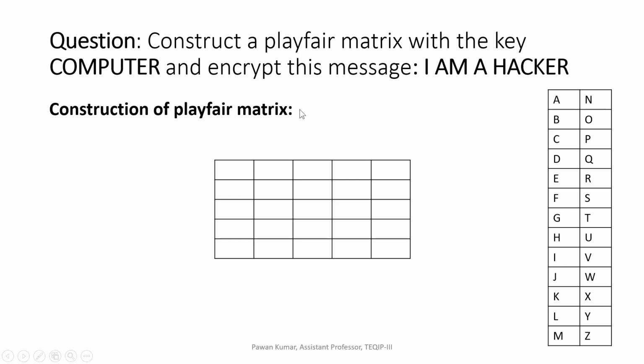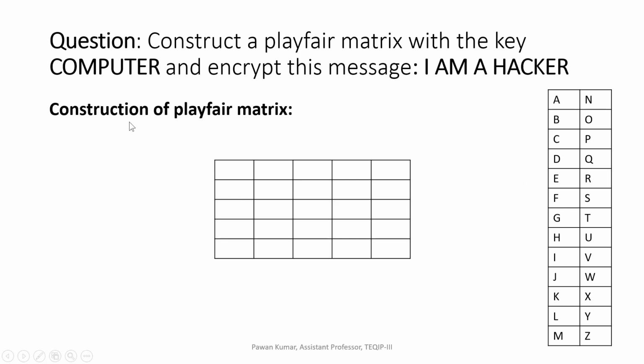The rule of the matrix is that no letter will be repeated in the matrix. To check that I have taken this A to Z table here, but in the numerical you do not need to show it. You can use this table on the rough side only. Then I am going to fill this matrix.